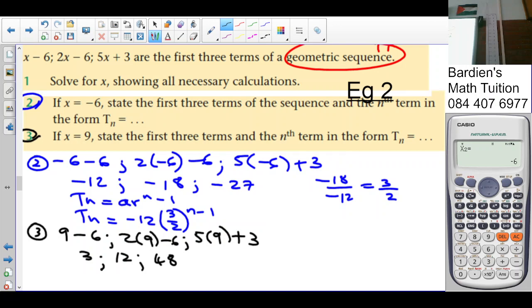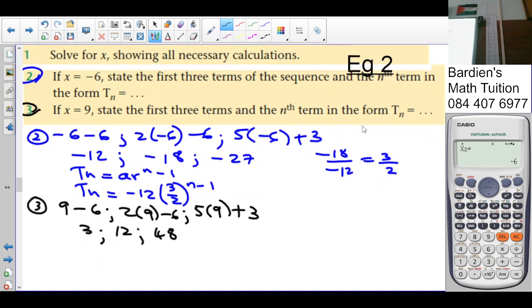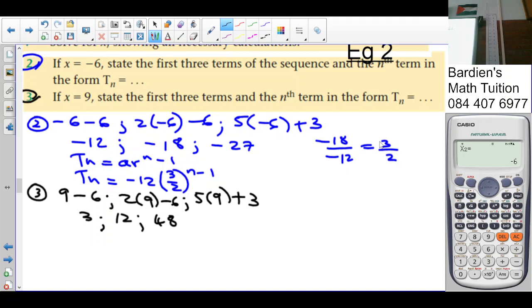How do I move from one term to the next? We are multiplying by 4. So what's the general term of the geometric progression? Tn is equal to A R to the n minus 1. What's your A value? 3.